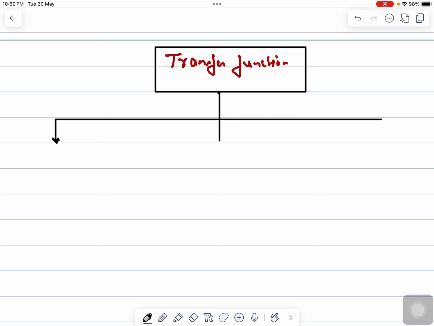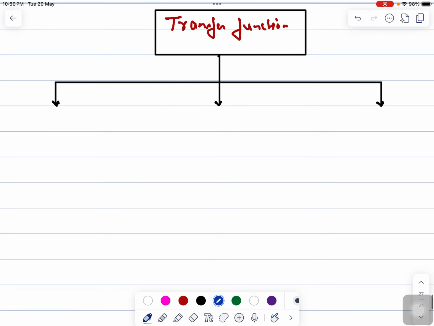So the first can be written as first order process transfer function, the second as second order, and obviously there can be nth order.